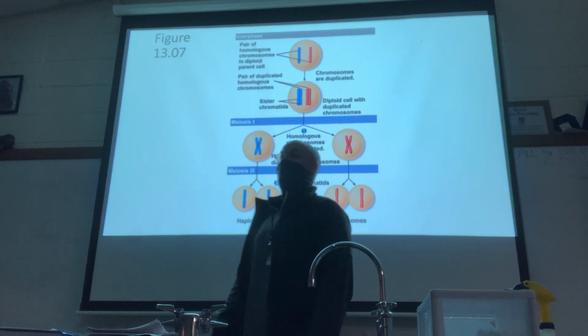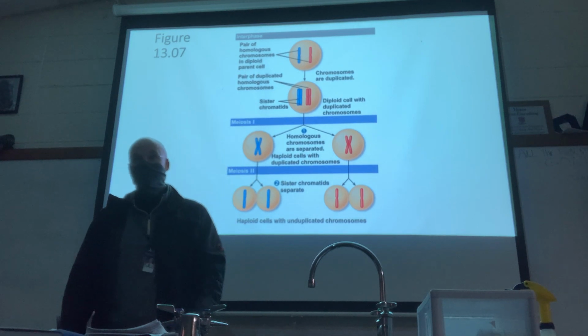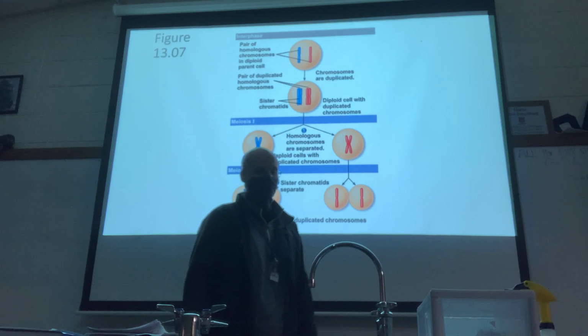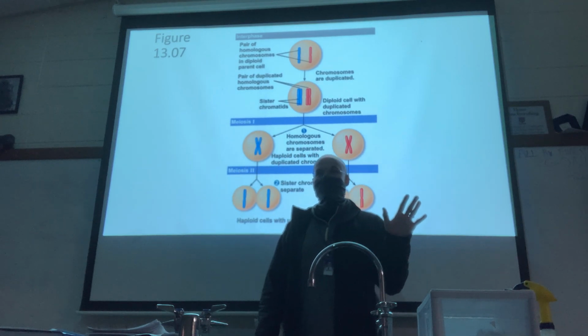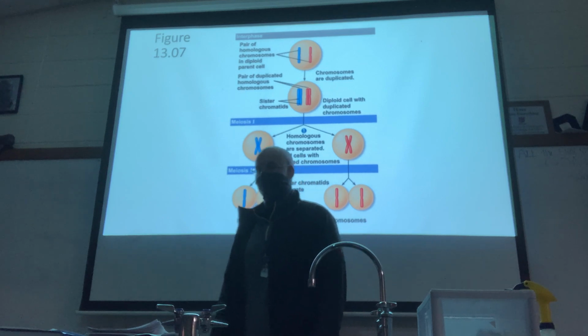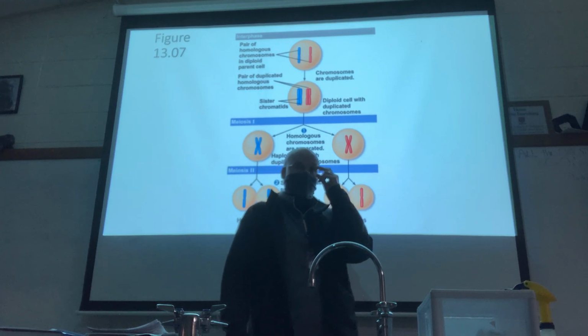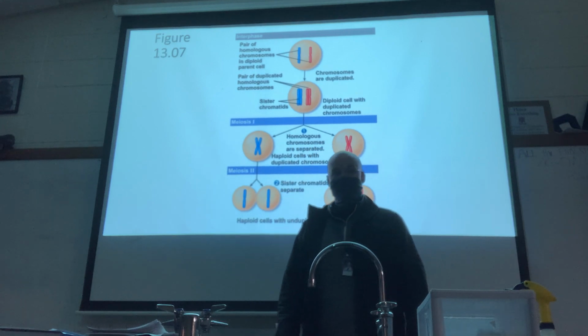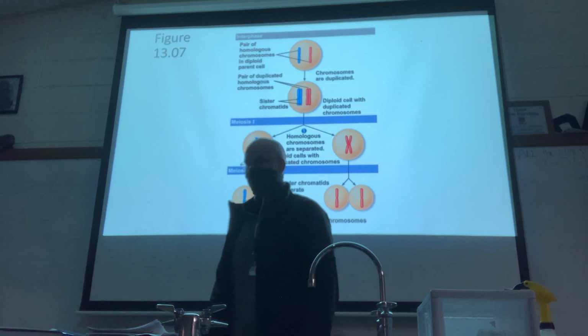Meiosis is like mitosis, and we'll talk about that at the end of the lecture. But it's its very own unique thing in many ways as well, even though it's somewhat like mitosis. You'll see some similarities, but it's a more complicated concept.